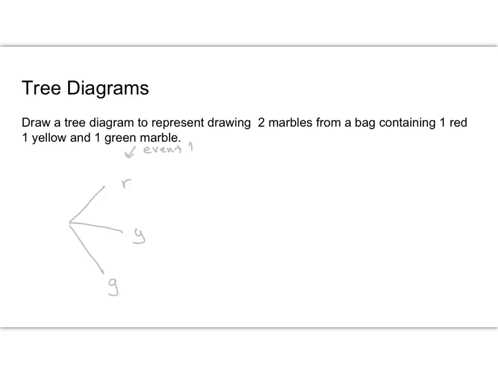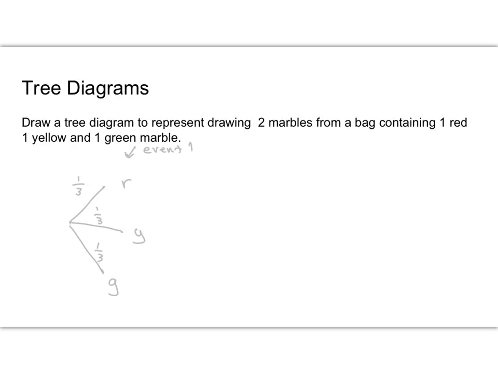And since there are 3 marbles, and they're all the same, there's an equally likely probability that I would get any of those marbles. A third chance that I'd get a red, a third chance that I'd get a yellow, and a third chance that I'd get a green. You'll notice that all of these probabilities here, 1/3, 1/3, and 1/3, they all add up to 1.